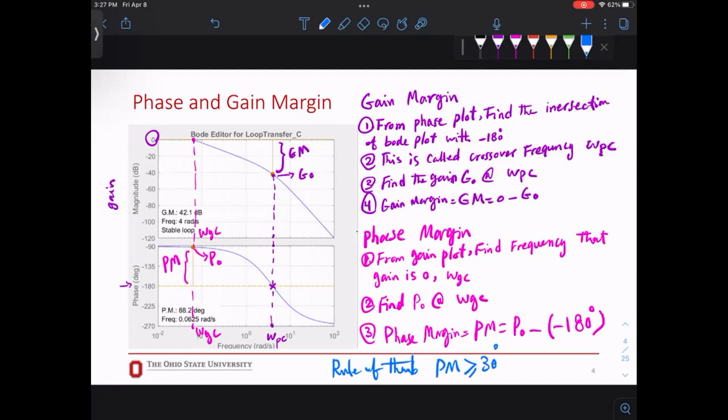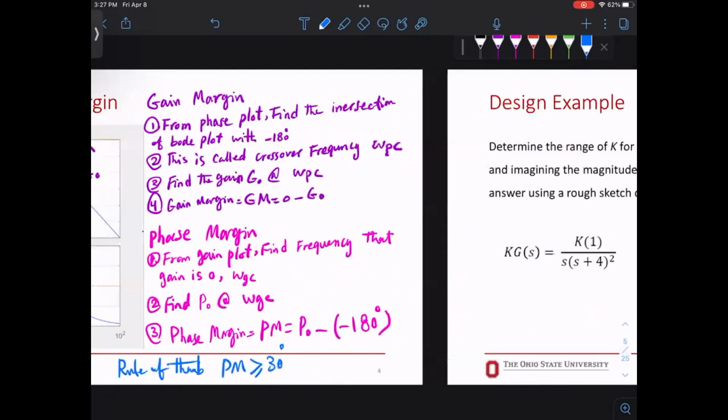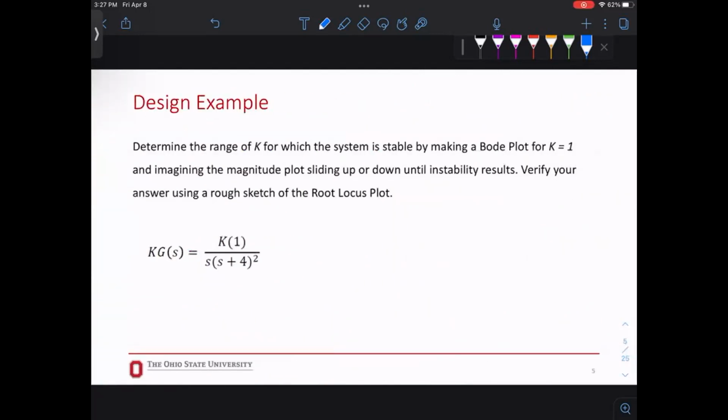Fine. All right. Now from gain and phase margin, from the values you find, how do we say the system is stable or not stable? I'm going to write up here. If your GM is greater than 0 dB, not including 0, this is a stable system.